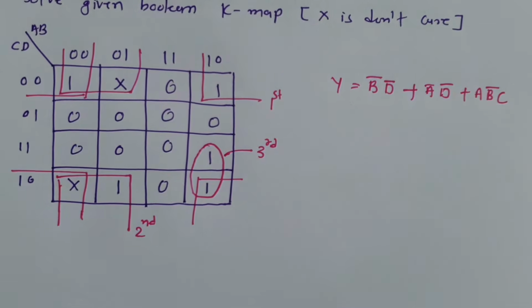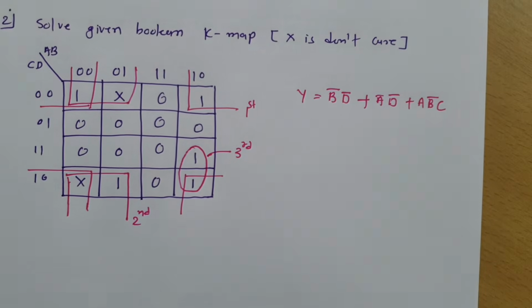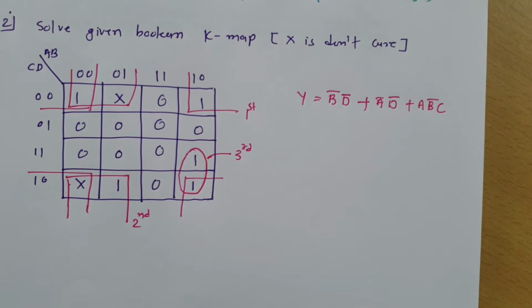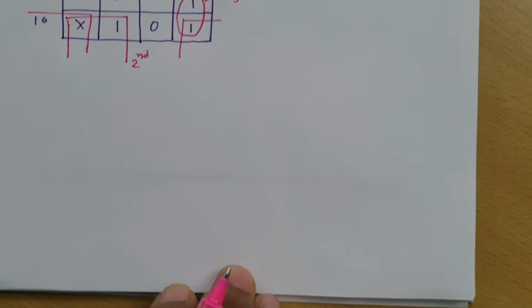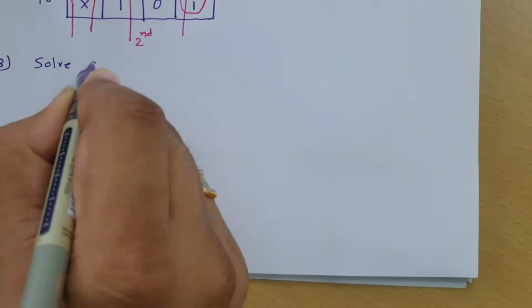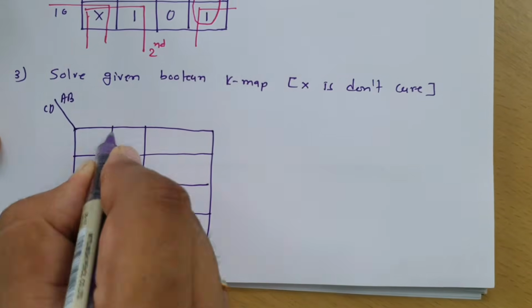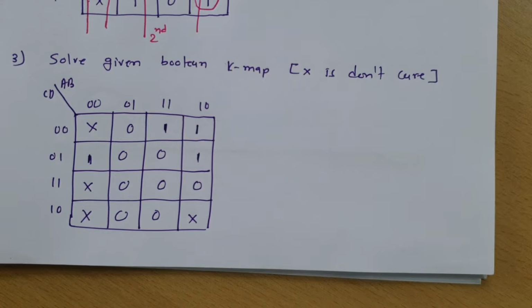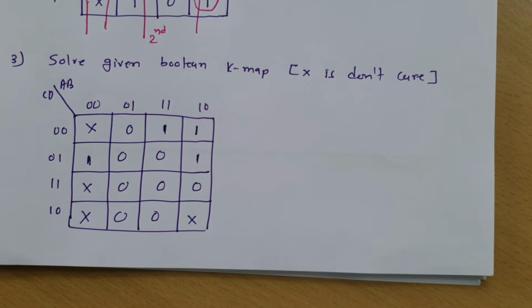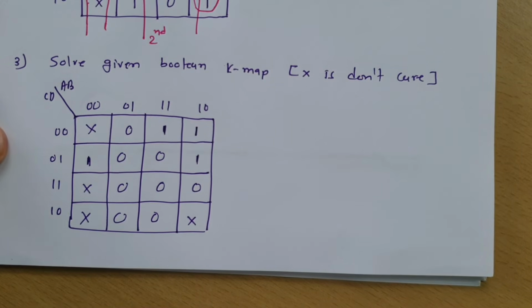Right, now I'll explain one more example, that is to solve K-map by using don't care. So the question is, now you can observe in this question we are dealing with solving a Boolean expression, right?